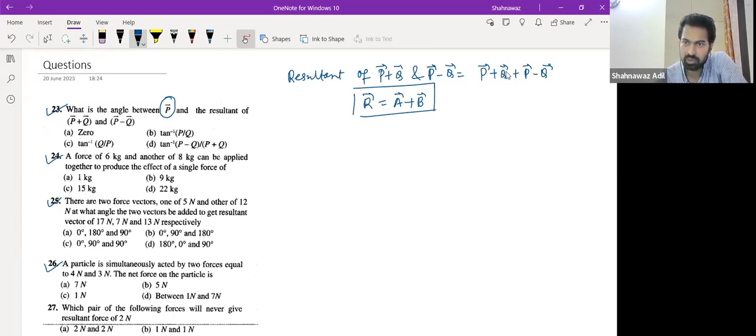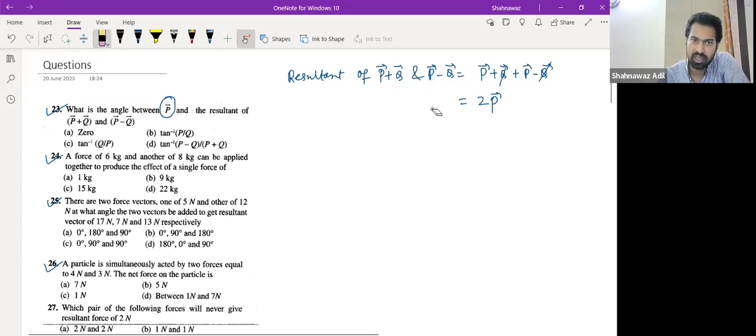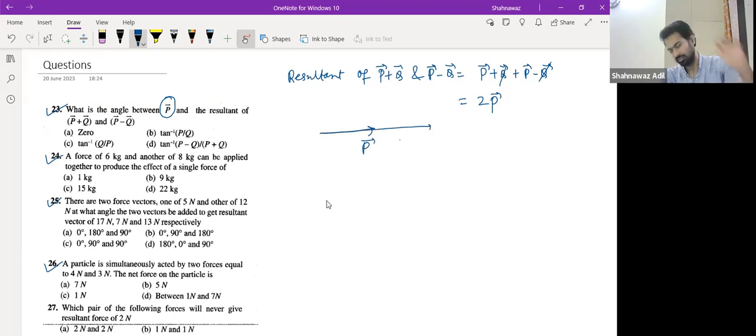So in P plus Q, Q will cancel and we have this 2P vector. So you guys tell me, what is the angle between P and 2P? What is the angle? 0. 0. So Rishita and Yasir, is Akib correct? Yes, sir. What about you, Yasir? Okay, so 0 is the correct answer.